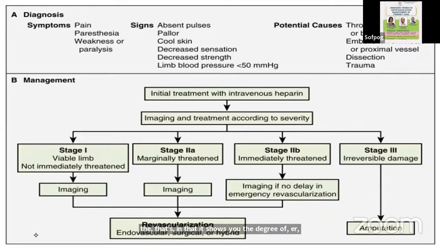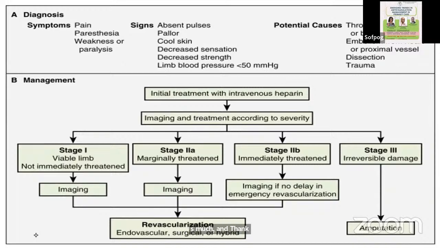Because time is of the essence, when you have Rutherford 1, it's a viable limb, so you can have some time to do angiographies if they are available. In Rutherford 2A, the limb is marginally threatened. It's salvageable if you treat quickly.